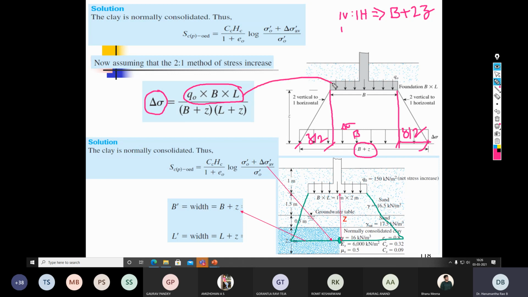So this is the load at this point and this is the area at this point. If it is not clear to anyone, please ask me.